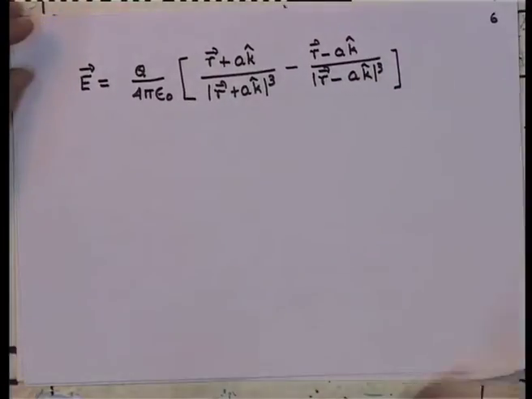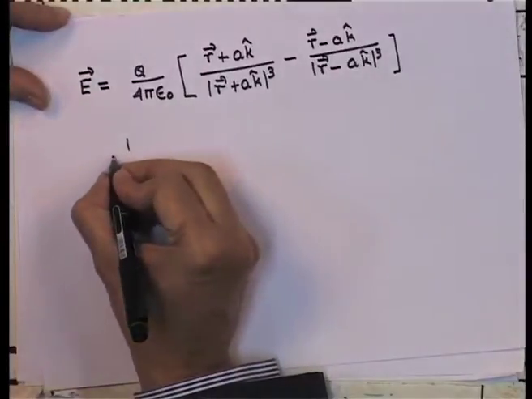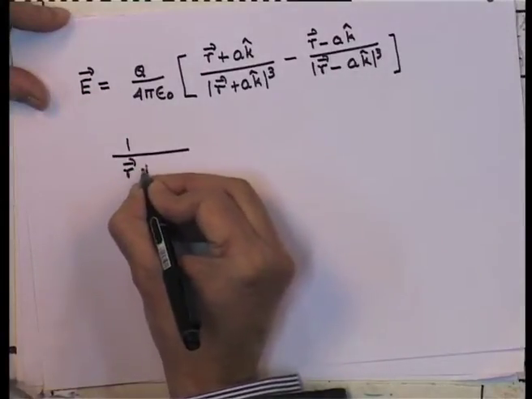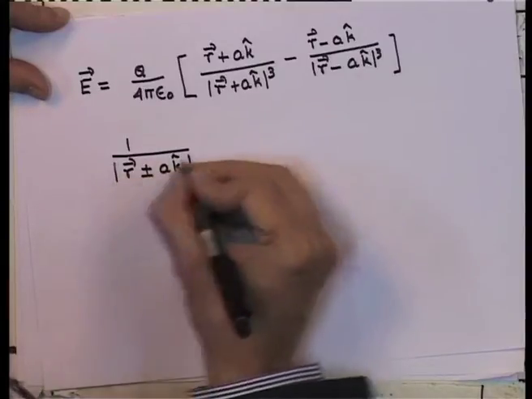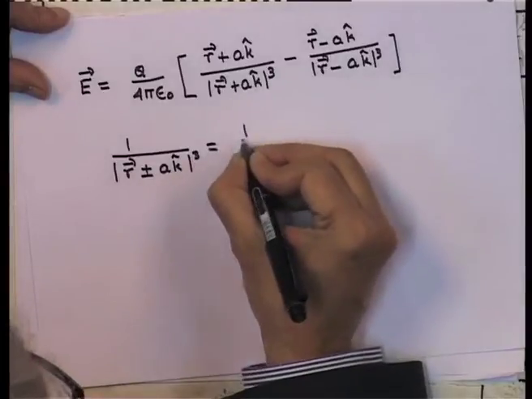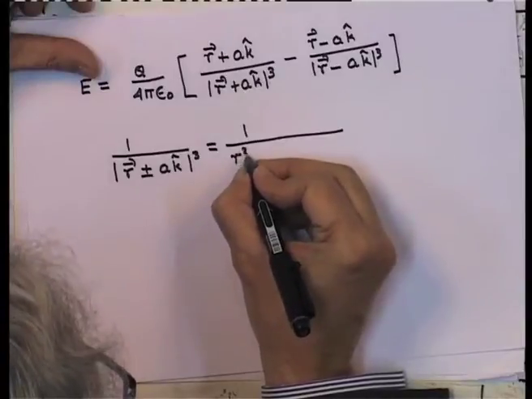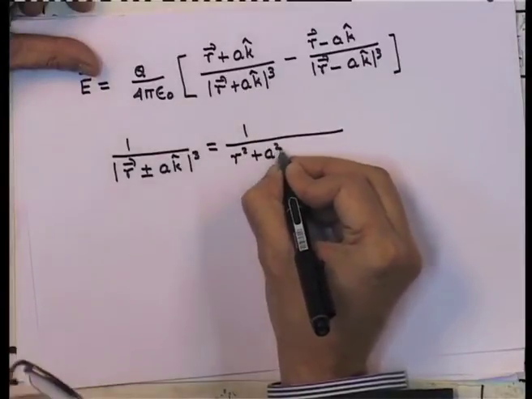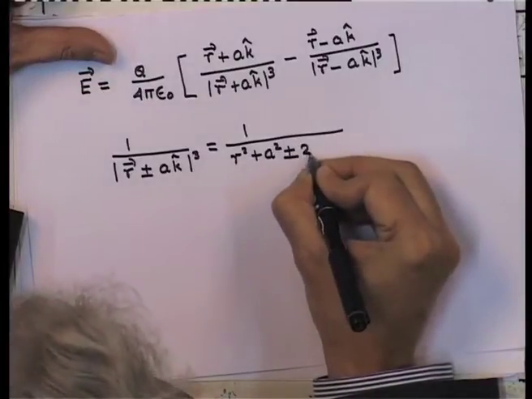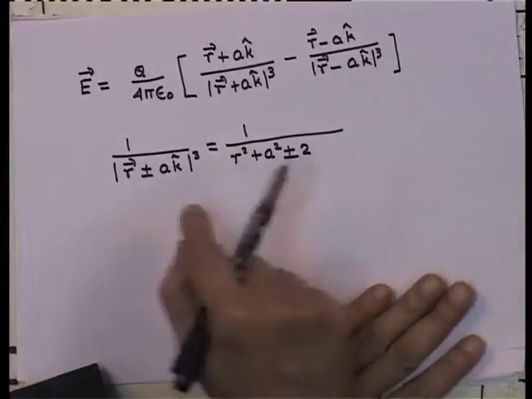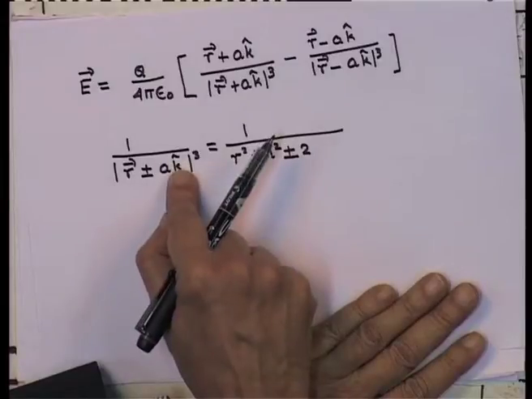Now, notice that 1 over the cube of r plus or minus a k, I can write it as 1 over, first let me square it. If I square it, I get r square plus a square, then plus or minus 2 times a times r dot k, but k is along the z direction.